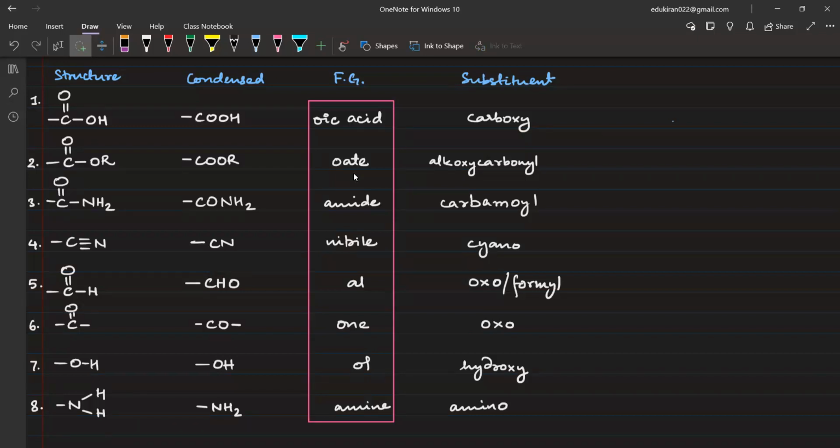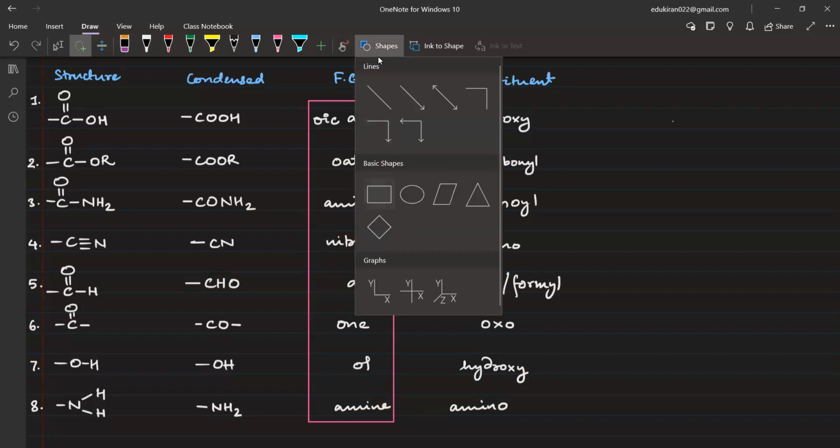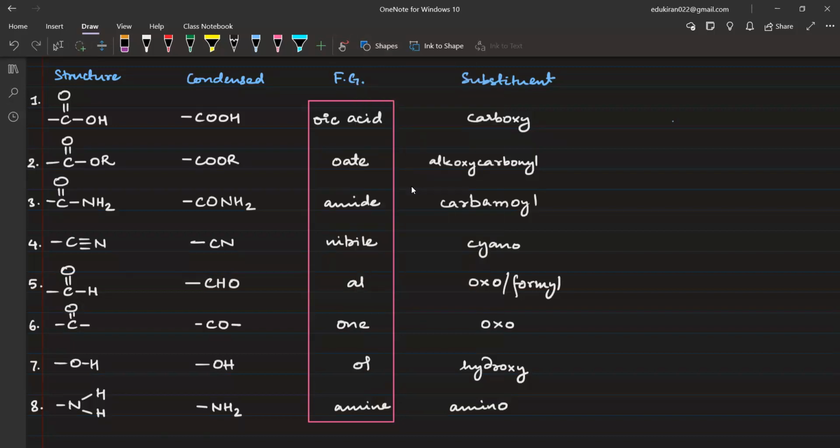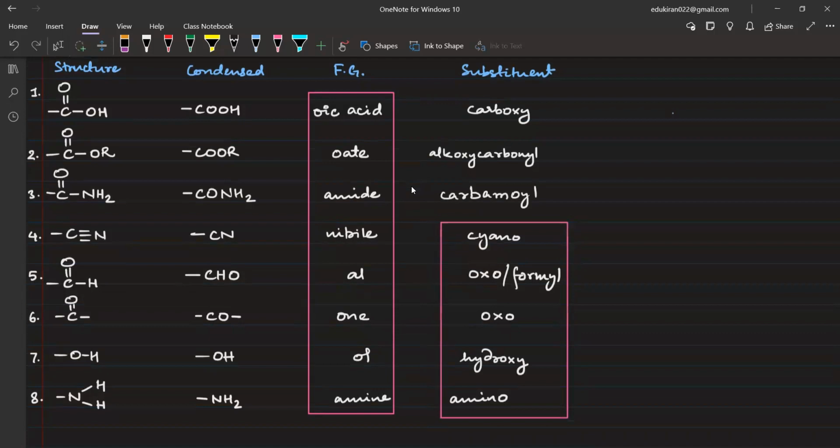Now, for these substituents, what you have to remember is this part. There is no option. Even if you forget the rest, that is fine, but you will remember at least this part for the substituent. Please write this down. Let me know once you're done.